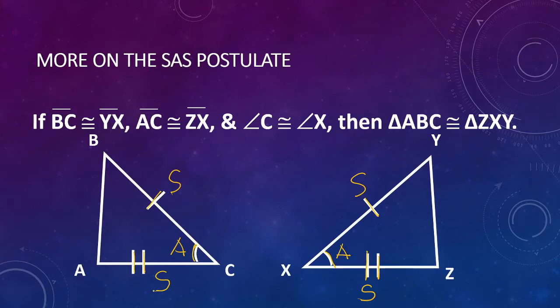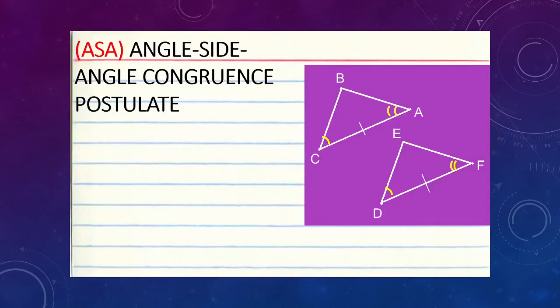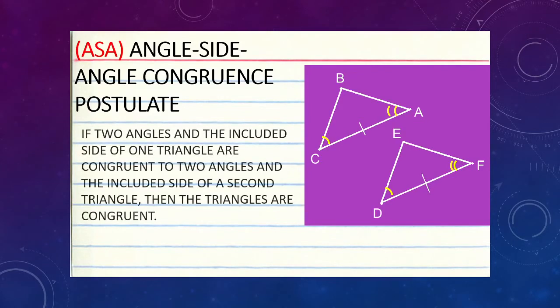Okay, next. Let's have the ASA, or the angle-side-angle congruence postulate. It states this manner: if two angles and the included side, as you have noticed in the figure, are given.